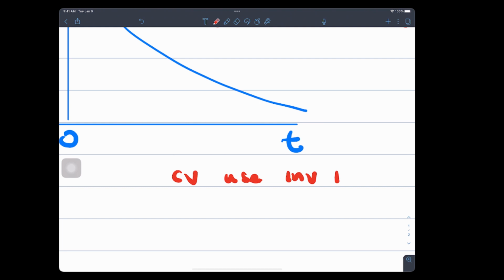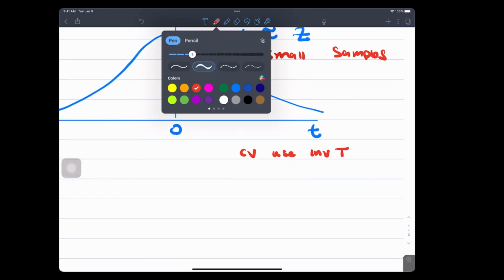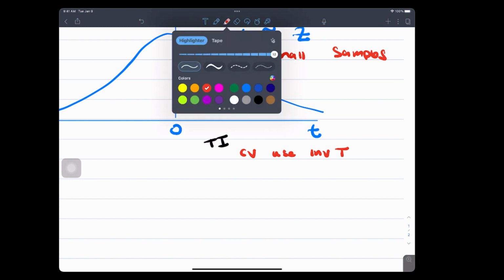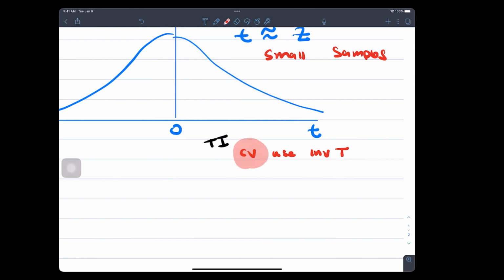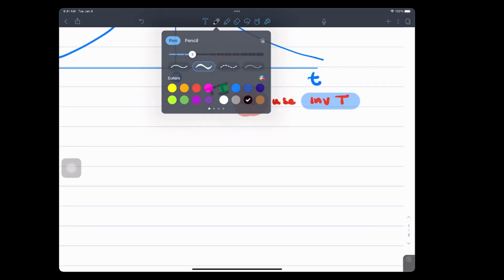You use inverse t. So in the TI, I'm going to share with you a few things here. To get those critical values by the traditional method, you're going to have to use inverse t. So this is under the critical value situation.